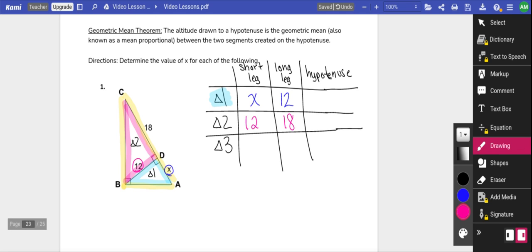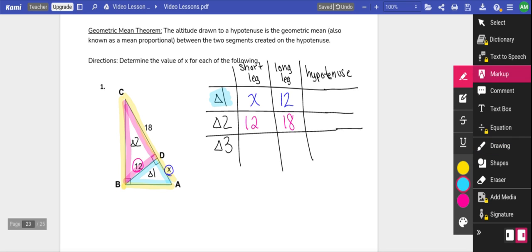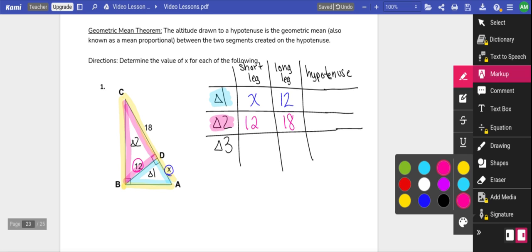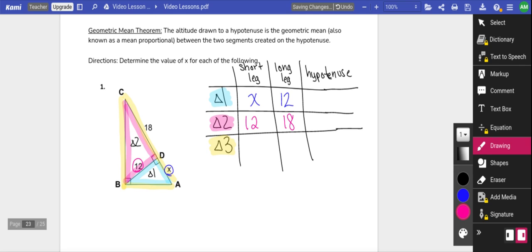And in my big triangle, in yellow, I see that neither leg is labeled. The hypotenuse has two parts that are labeled, so I could figure out the length of the hypotenuse, but I already have as much information as I need to determine the answer to this first question.